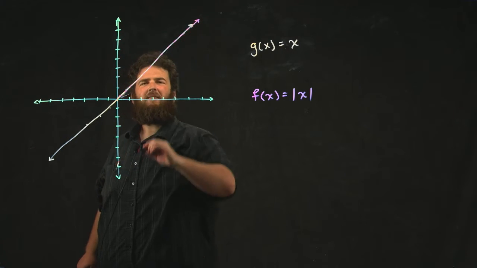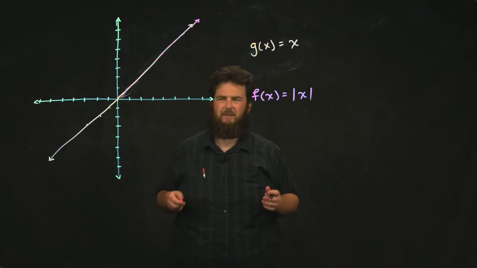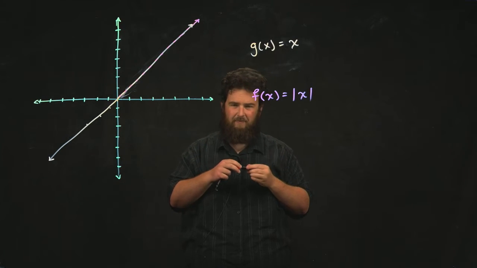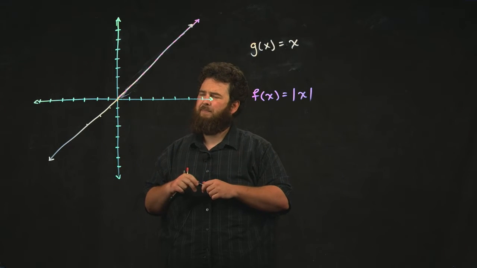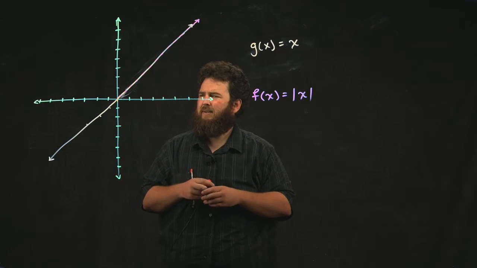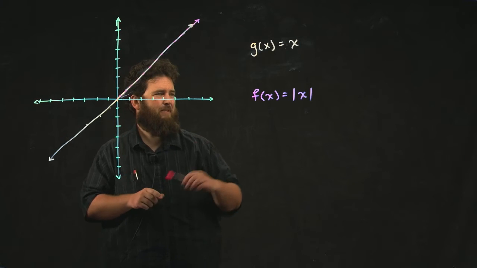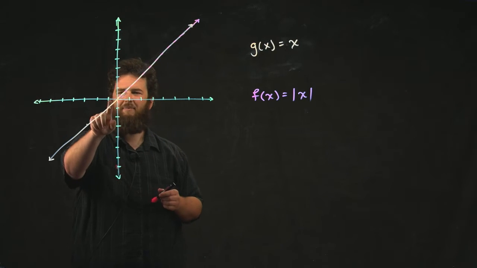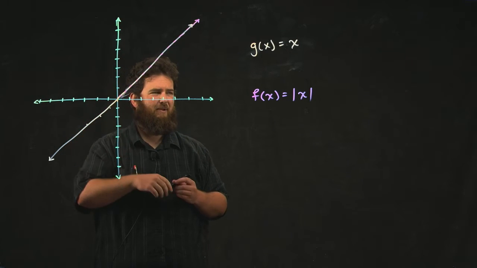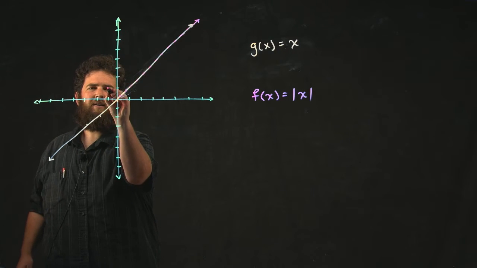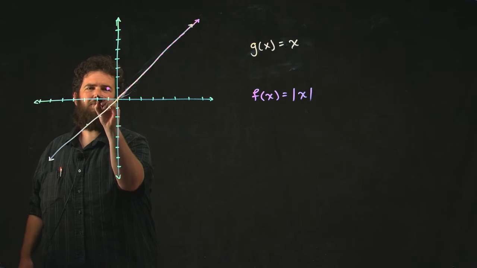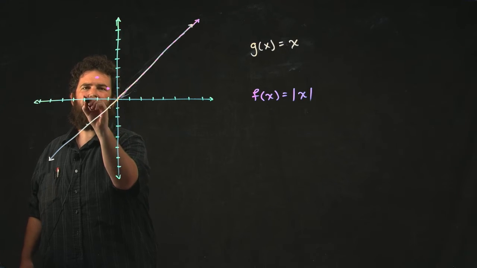And say, wow, they fall right on top of each other. They're actually equivalent. But what happens to the left of 0? Well, the absolute value of negative 1 is positive 1, right? Because negative 1 is 1 unit away from 0. Same thing with negative 2 is 2. Negative 3 is 3.